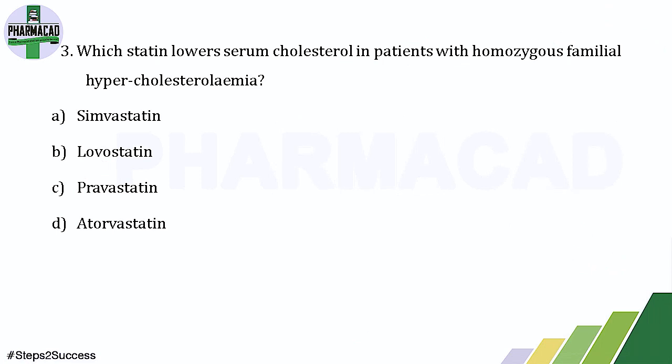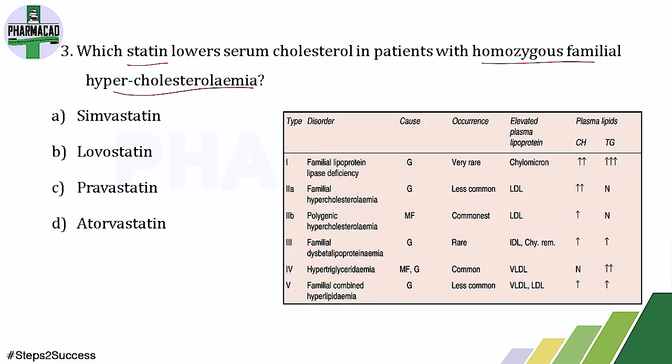Next question says: which statin lowers the serum cholesterol in patients with homozygous familial hypercholesterolemia? For this, you should know this table, that is, we have the disorders, various types of hypercholesterolemia, their occurrence and their elevated plasma lipoproteins.